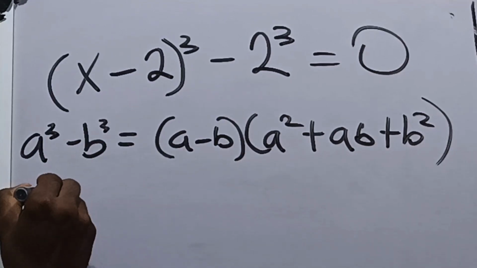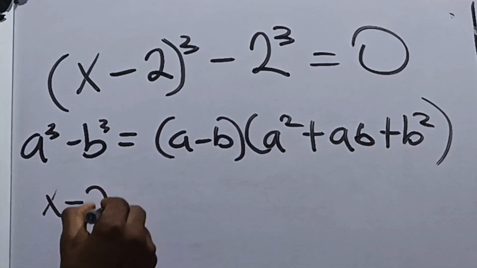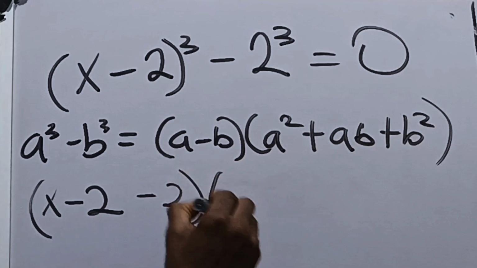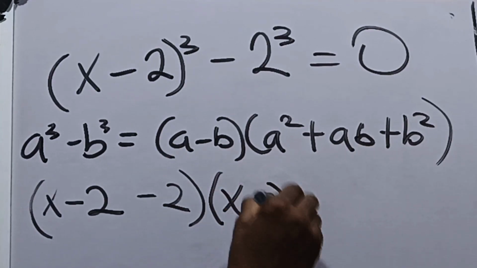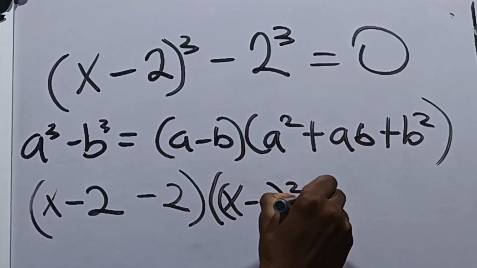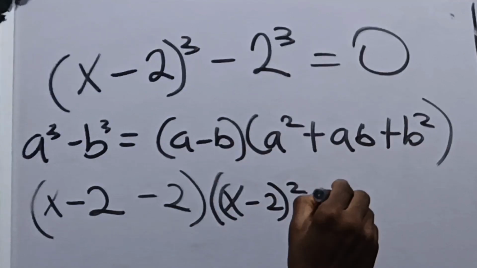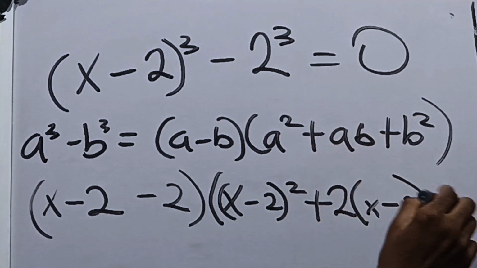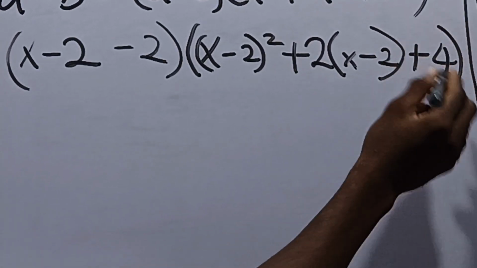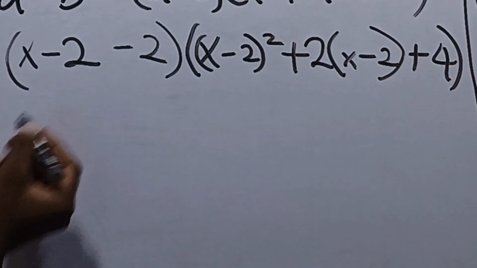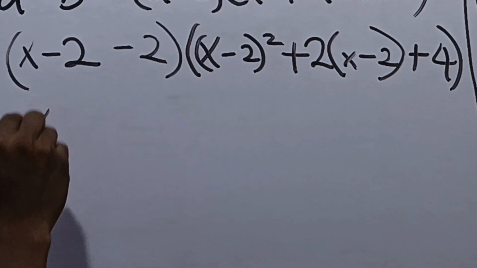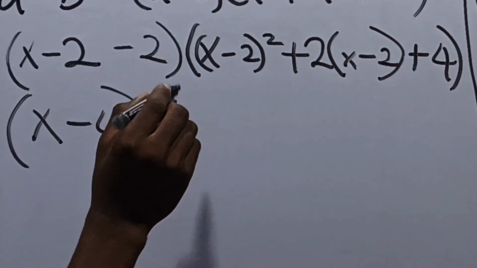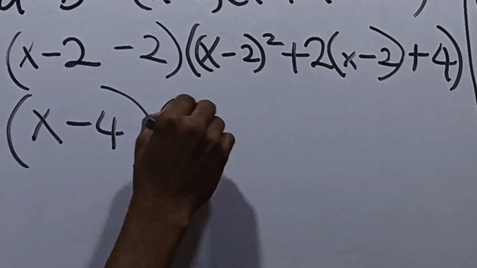So we have (x − 2 − 2) into ((x − 2)^2 + 2(x − 2) + 2 squared is 4). And this is equal to 0. Continuing from here, we have minus 2 is minus 4, into x squared is x squared.